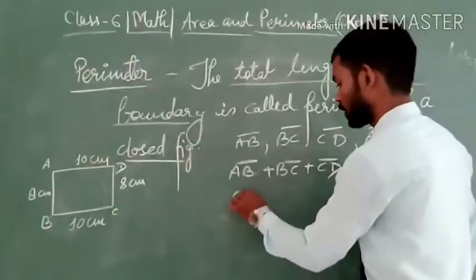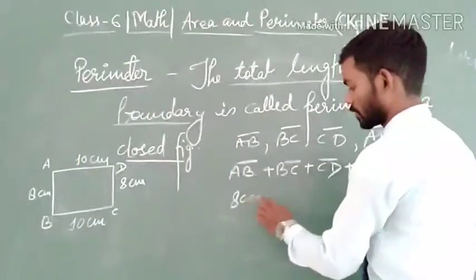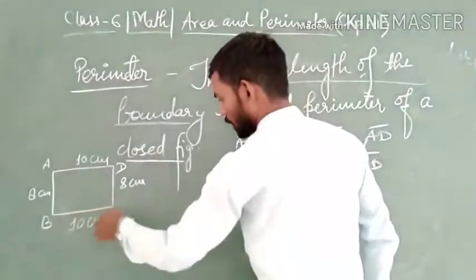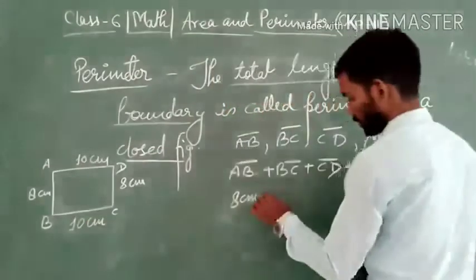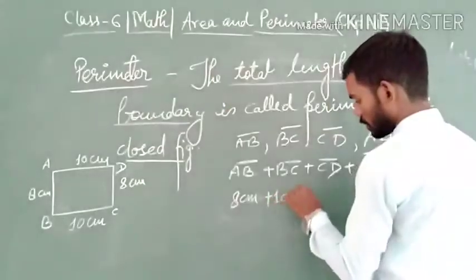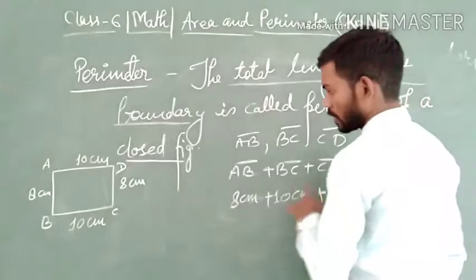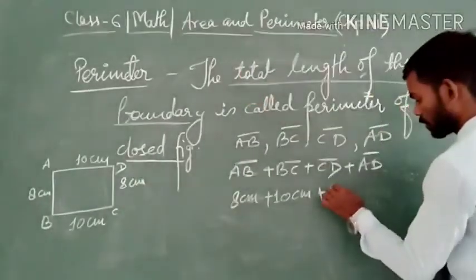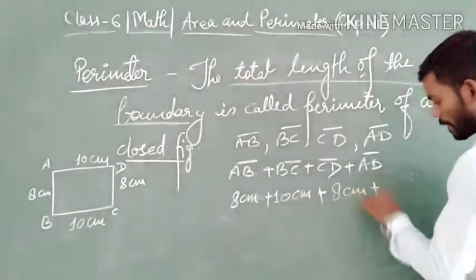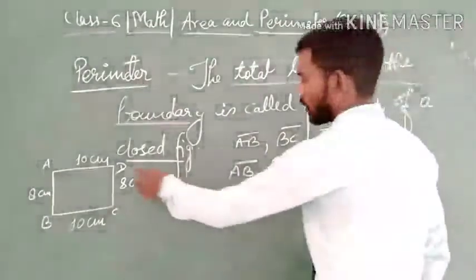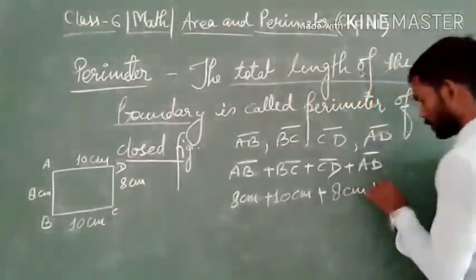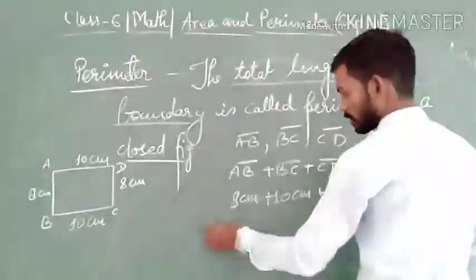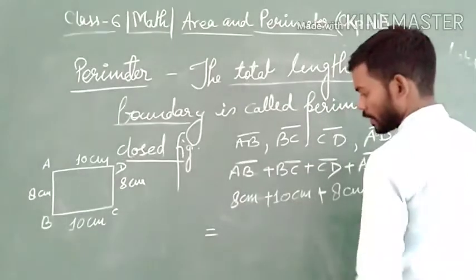So we can write 8 centimeter. The length of BC is 10 centimeter. The length of CD is 8 centimeter. And the length of AD is 10 centimeter. Okay, so this becomes here.